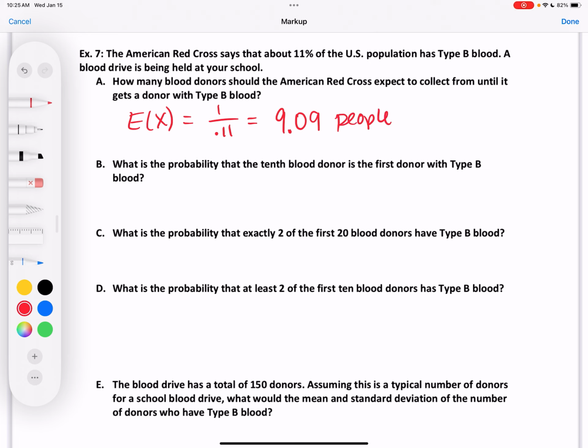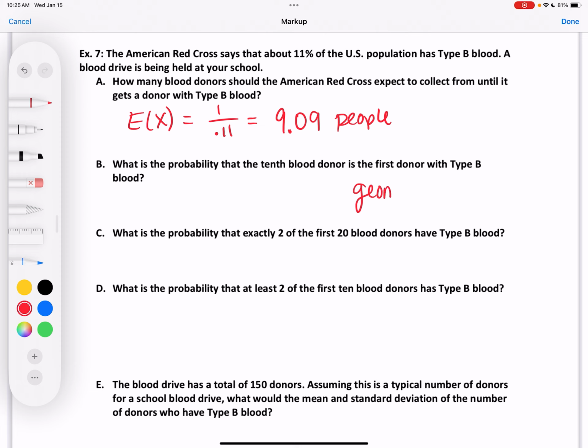What is the probability that the 10th blood donor is the first donor with type B blood? Would that just be 1 over 10? Wait, never mind. Nope, this is one of the calculator functions: geometPDF.